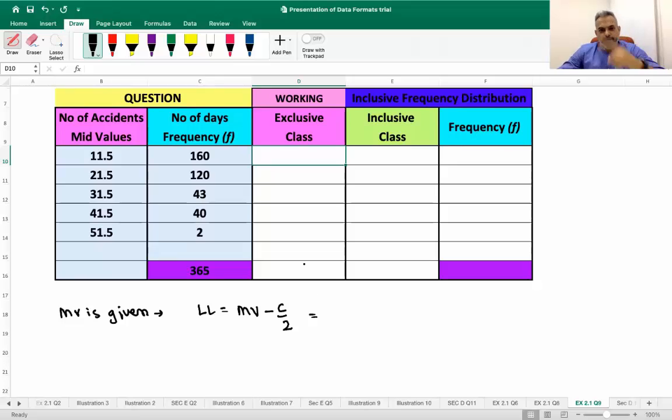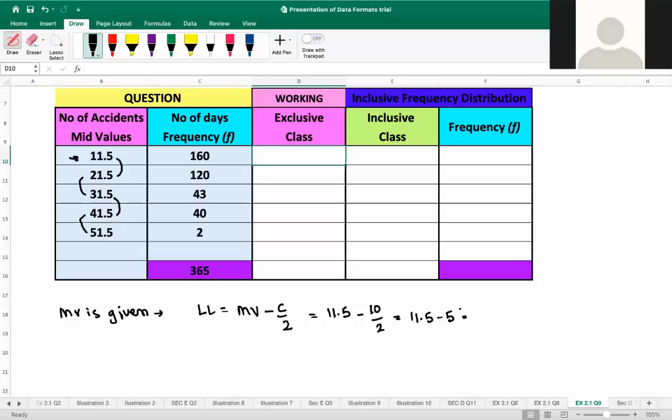So for the first class, where mid value is 11.5, 11.5 minus, how we will get the class length? So the difference is 10. So 10 divided by 2. So 11.5 minus 5, 6.5. Yes, very good. 6.5.